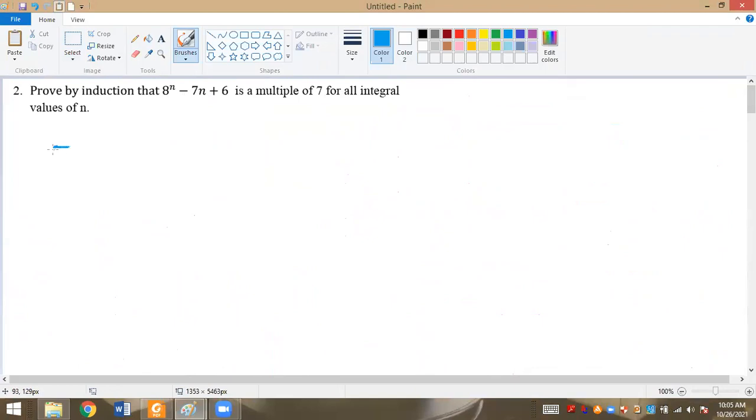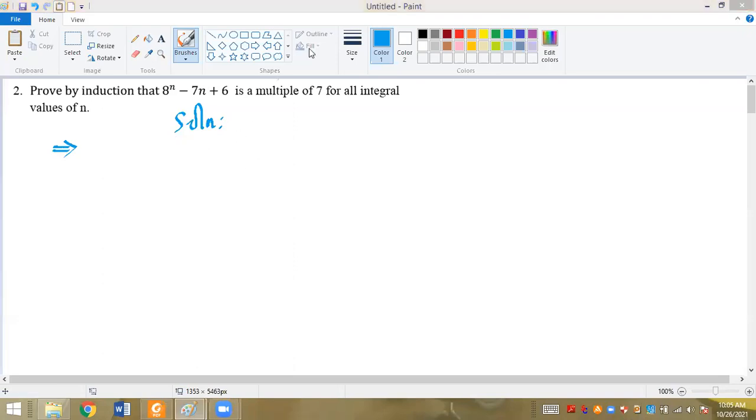So that implies straight away in the solution, for that quantity to be a multiple of 7, it means that it is divisible by 7. Am I right? For a quantity to be a multiple of a certain number, it must be divisible by that number.